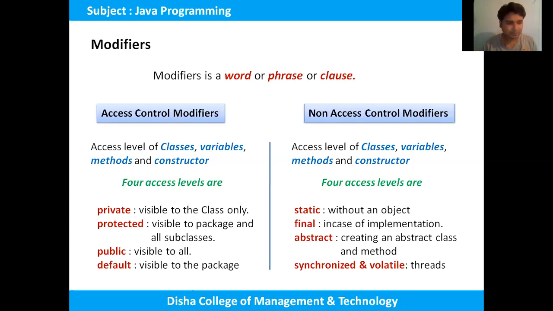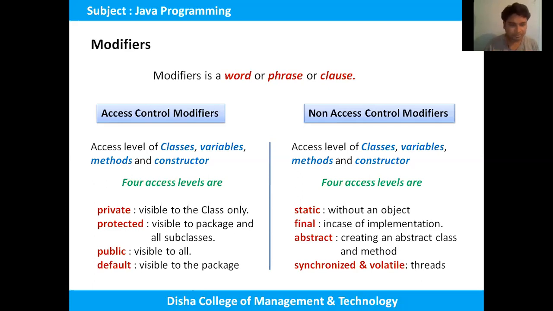Basically, the static modifier is used for calling methods and variables without an object to which they belong. If we use static with a method or a variable, then we can call that method or variable without using an object of the class where those properties are defined.